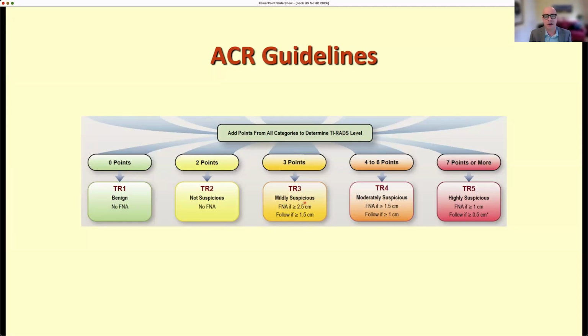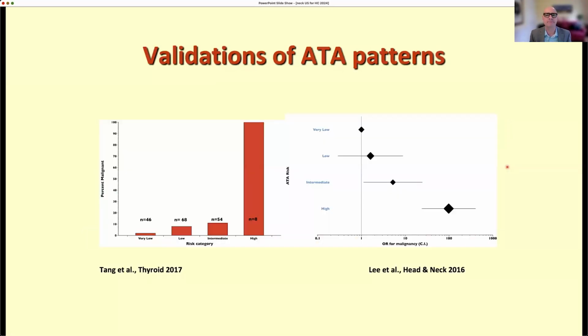Depending on the score, the ACR, American College of Radiology guidelines, will give you instructions on how to manage nodules. If above a certain size, only if mildly suspicious. The higher the suspicion, the smaller the size required for proceeding with a biopsy.